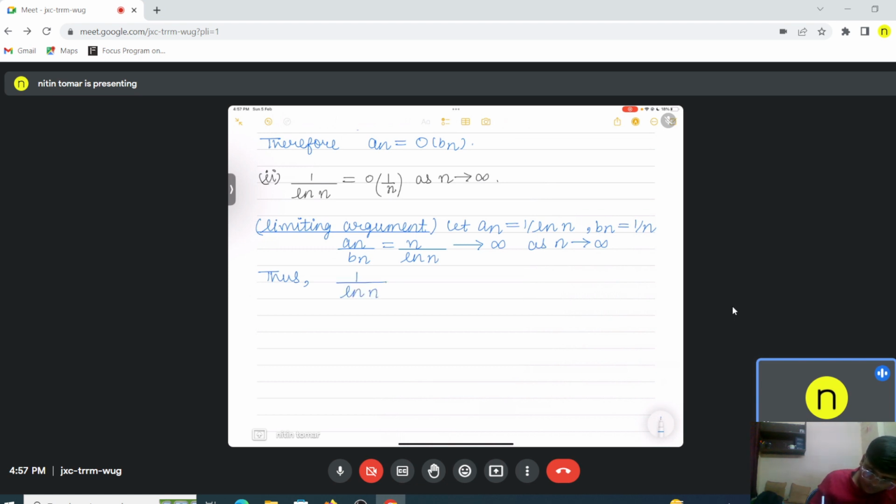Thus 1 upon logarithm n is not small o of 1 by n as n goes to infinity.